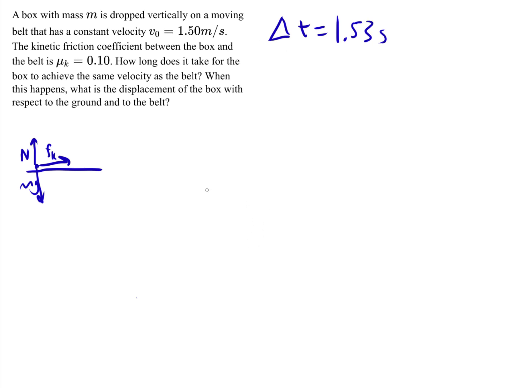Now we need to figure out the displacement of the box with respect to the ground. We have another kinematic equation for this, and it says that the displacement is equal to the initial velocity times the time plus 1/2 times the acceleration times the time interval squared. And then we just plug everything in.